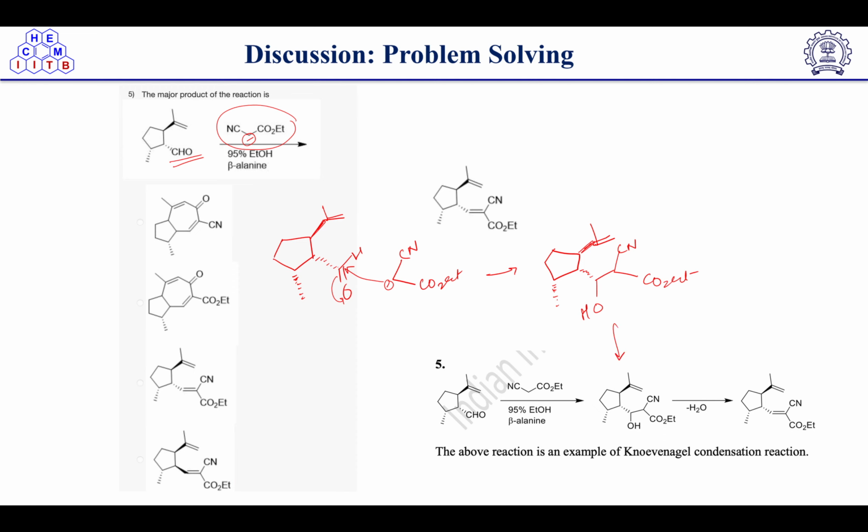This is this one. After getting this intermediate, what will happen next? Condensation. Condensation is a removal of water molecule. All of you got this one? It will give this as a product. So this is the example of Knoevenagel reaction. We have discussed in first reaction only. After aldol condensation, we have discussed the Knoevenagel reaction.